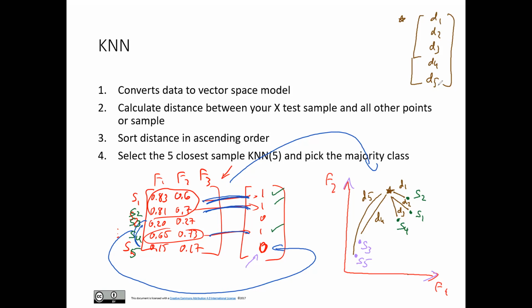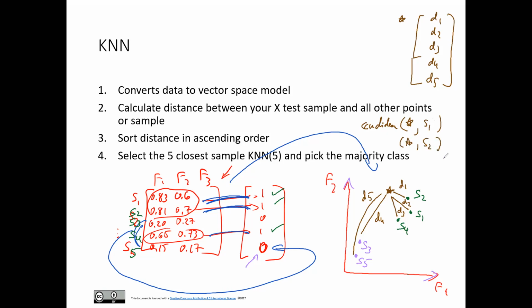Usually, it's a function. You'll find a function in Python, Euclid, and then you provide 2 points, right? So you're going to provide the points for the star and then the point for the sample. So let's say star S1, and then you would do that again, star S2, and so on.